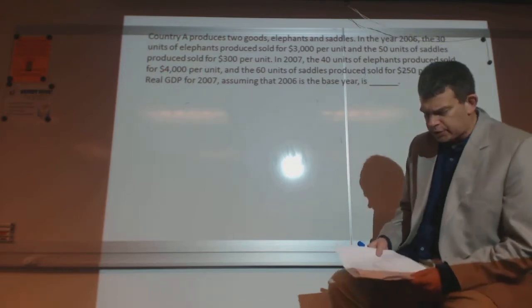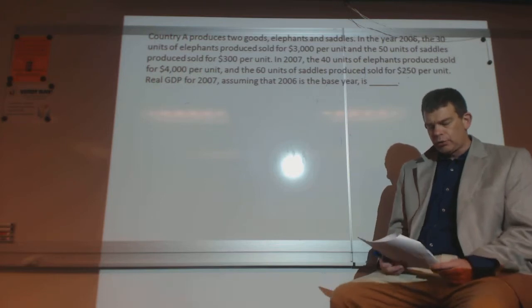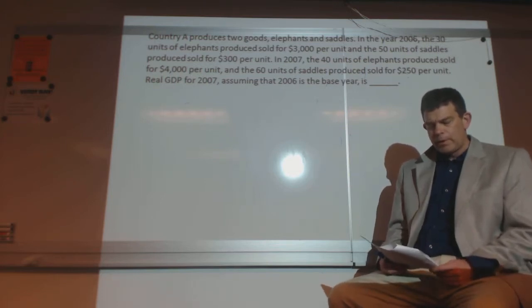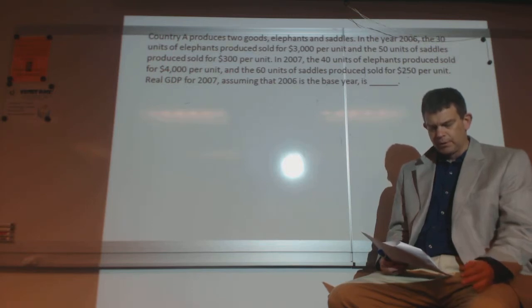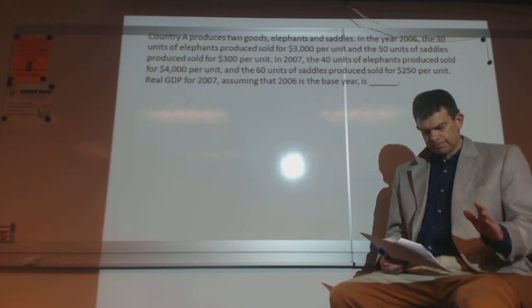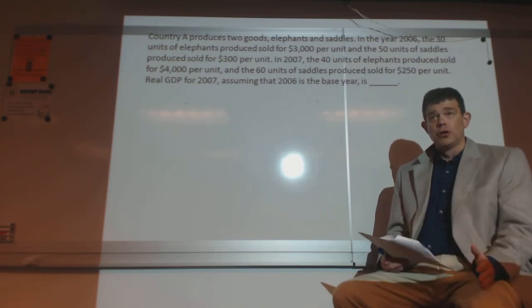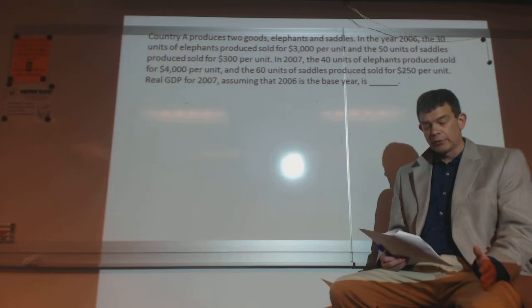In 2006, and I think you already know how to do this, right? In 2006, we produced 30 elephants, which sold for $3,000 per unit, and 50 saddles at $300 per unit. Now, can anyone calculate nominal GDP for the year 2006? How would we do that?